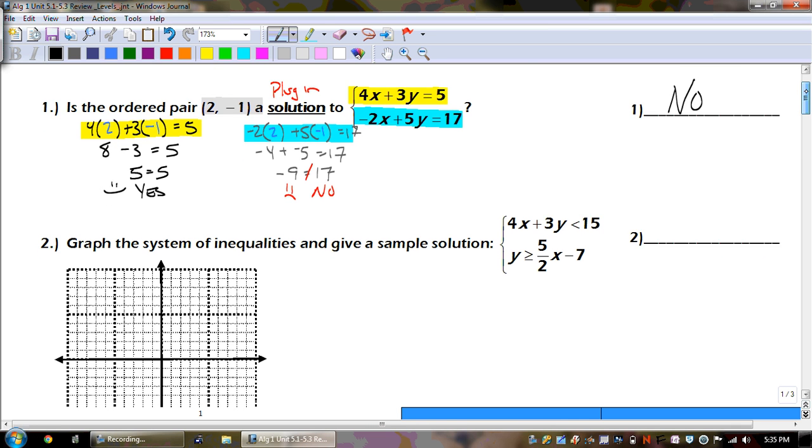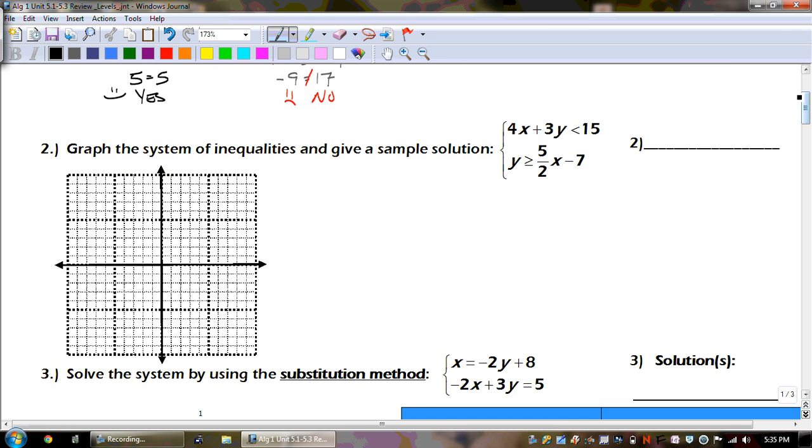Alright, number 2 says to graph the system of inequalities and give a sample solution. The first thing I notice is that the inequality does not have the y by itself, so that's the first thing we do.